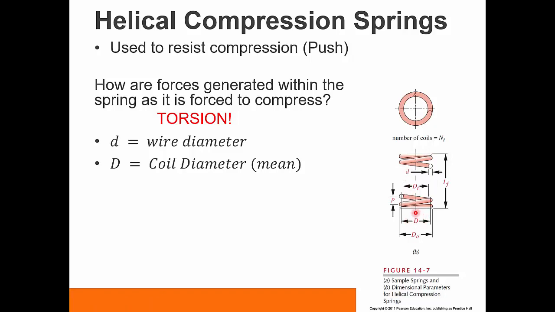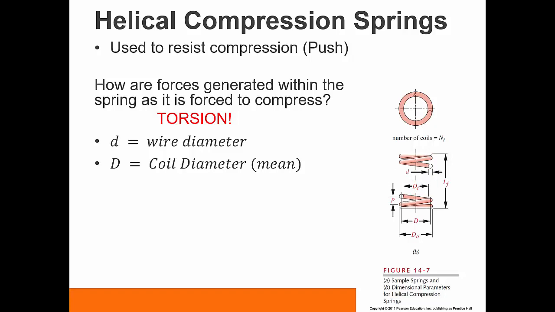The coil diameter is the mean diameter of the wrap, in other words from the center of the wire on one side to the center of the wire on the other side. Of course, that means the outside diameter is the mean diameter plus a wire diameter, and the inside diameter is the mean diameter minus a wire diameter.